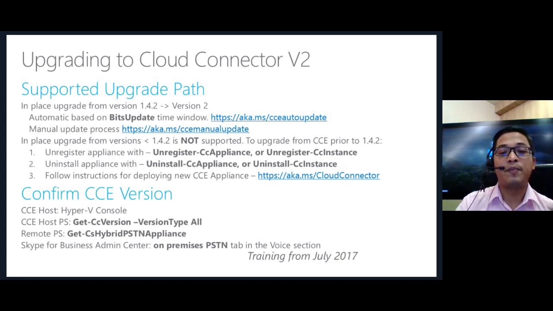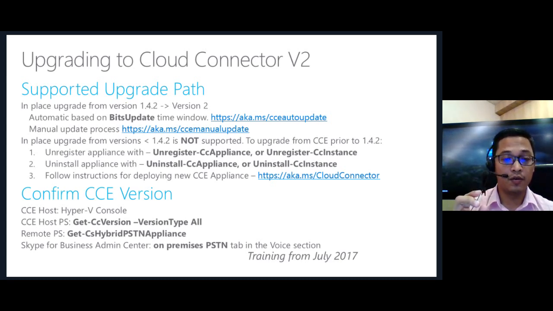The appliance will be put in maintenance mode, and then the application status is updated in the tenant, showing the status of maintenance. Later on I will show you the screenshot. Once the CCE upgrade is going on, you will see two things.